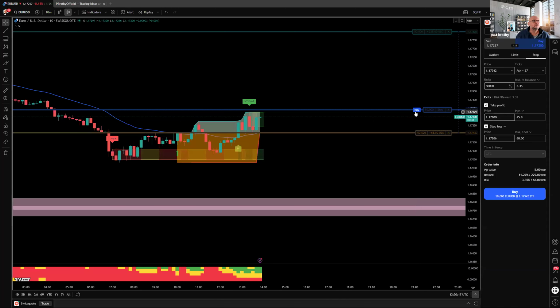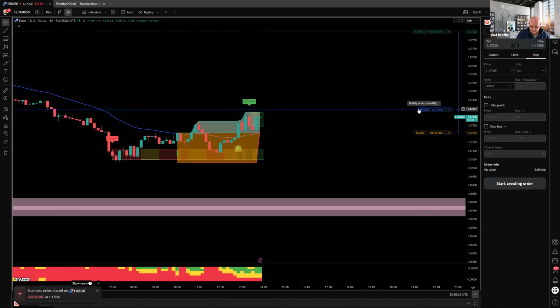Is that the Bitcoin? No, it's Sol. Keep your thing close. Okay. So my stop's just below this pivot after the opening range, and also around about where the roller coaster stop is as well. So that's sensible on there.